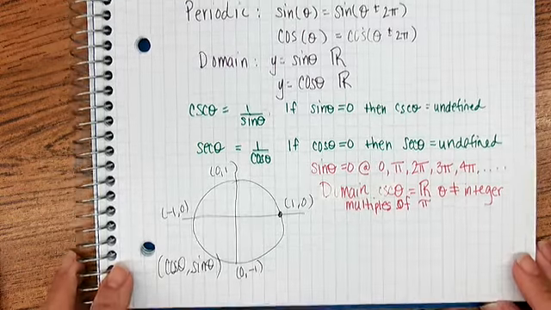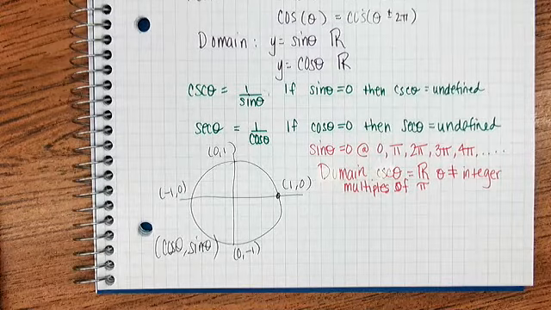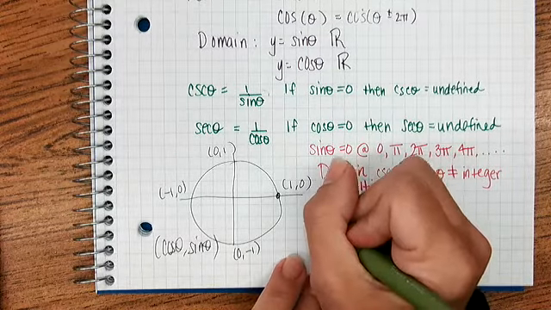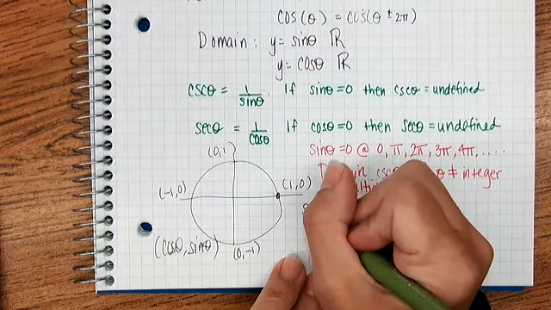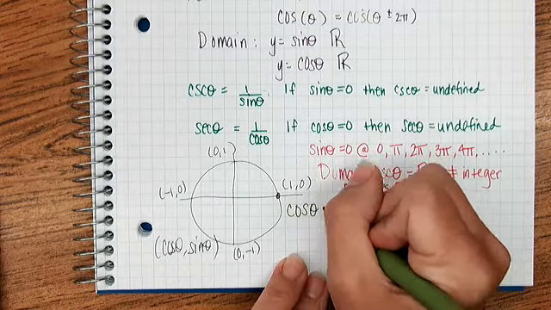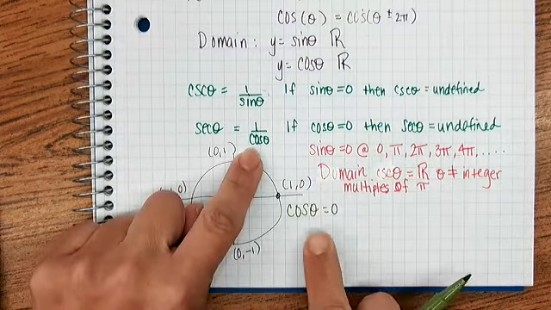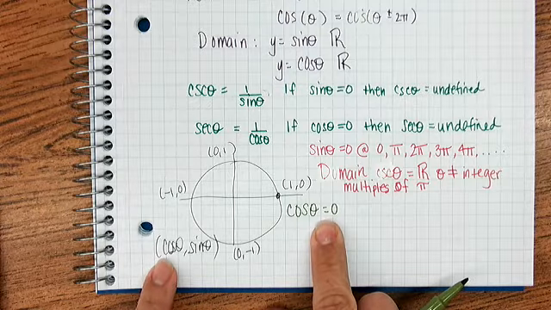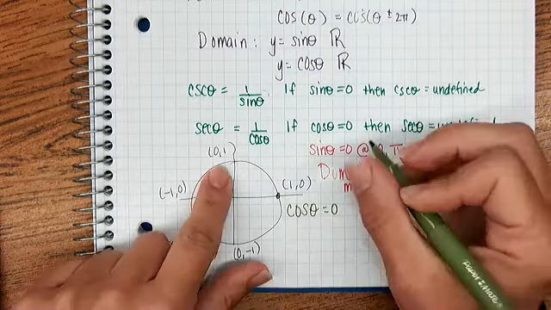Okay, let's look at the secant, which is very similar. The secant is undefined where the cosine of theta is 0. Where is the cosine of theta 0? Well, the cosine is x.